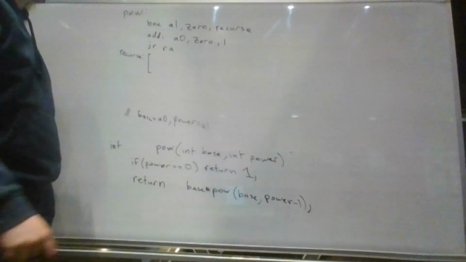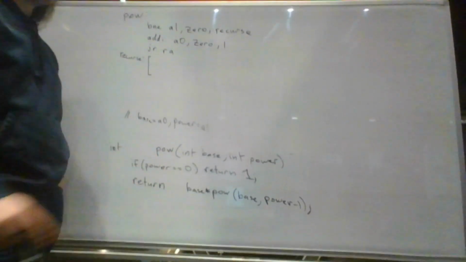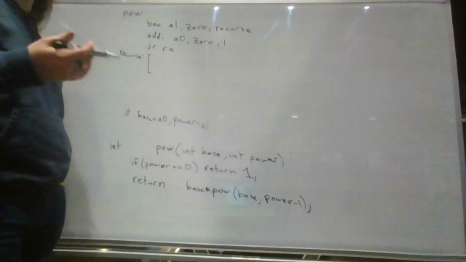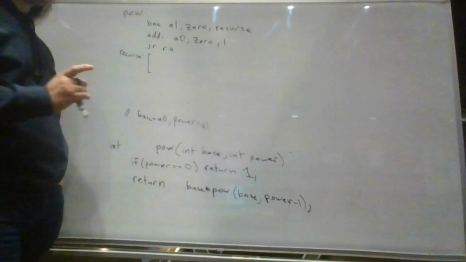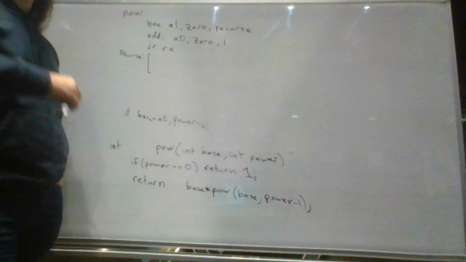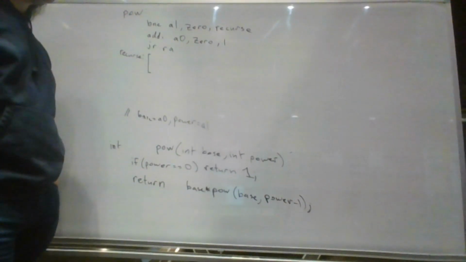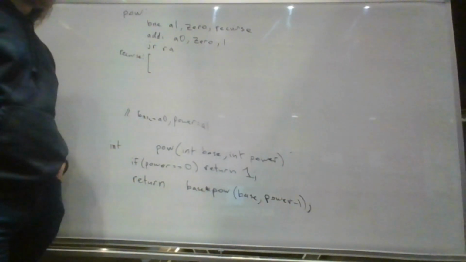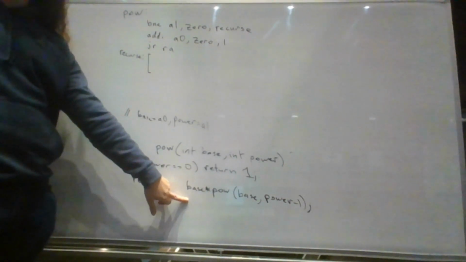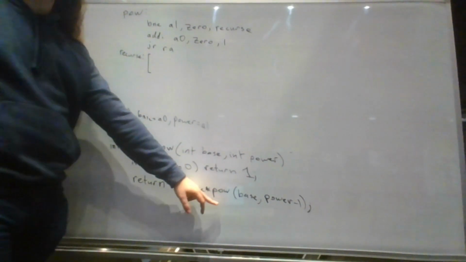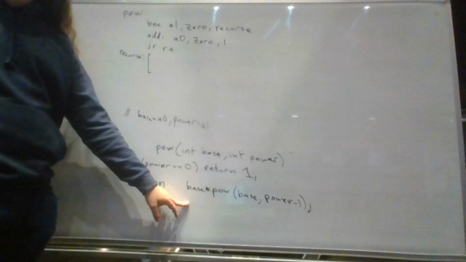So I have to call my function, and after my function call's over, take the result of that, multiply it by the base, and then I will get my final answer. Before my function call, I'm going to save my base into a register. That's because when I do my function call, it's going to override A0, and base is in A0. So I kind of need that.